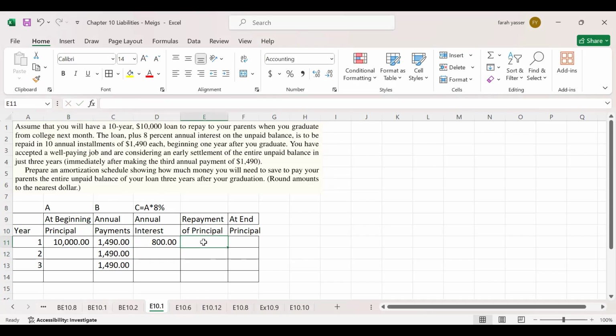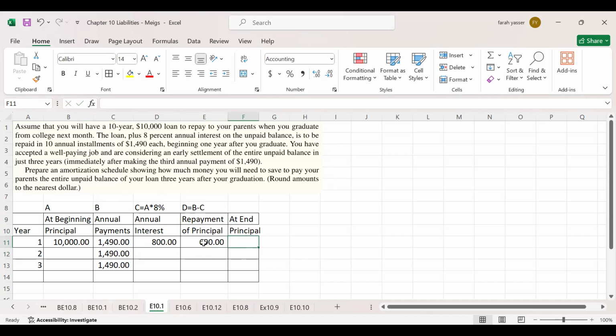Now repayment, you can say this is column D, and repayment is calculated by the total payment, which is in column B, minus any interest expense, which is in column C. So 1490 minus 800. So 690 is the repayment of principal.